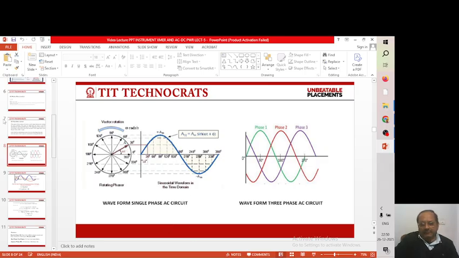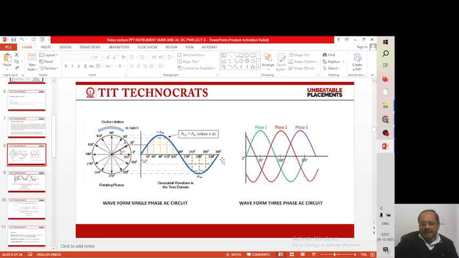The meaning of this sentence is the voltage and current in an AC circuit vary with respect to time. We can see this waveform of an AC circuit.